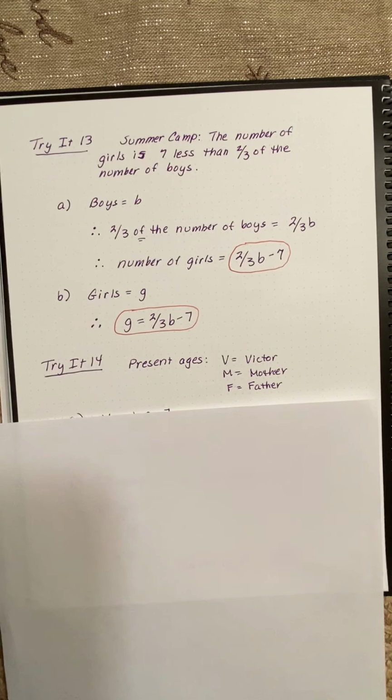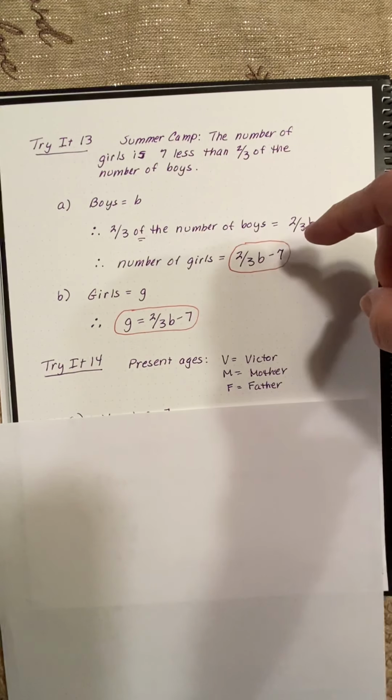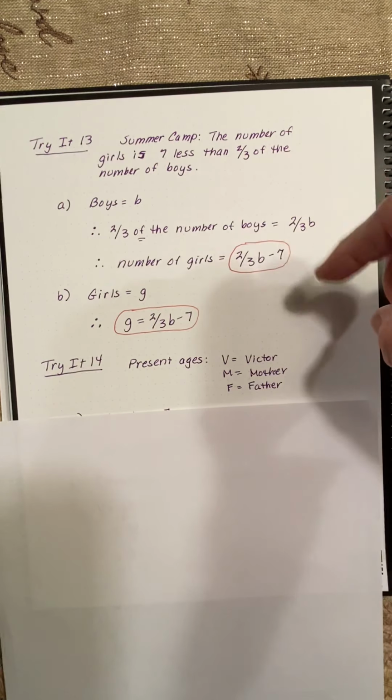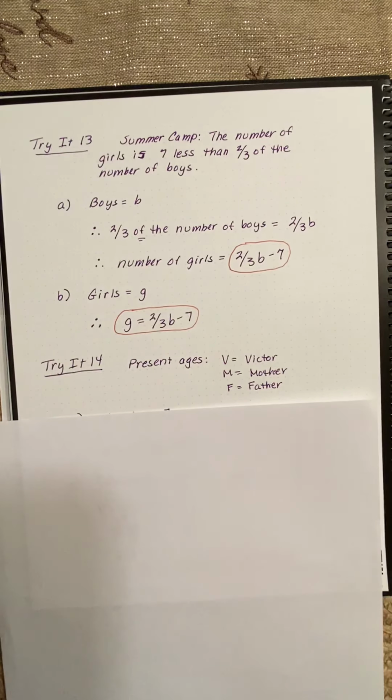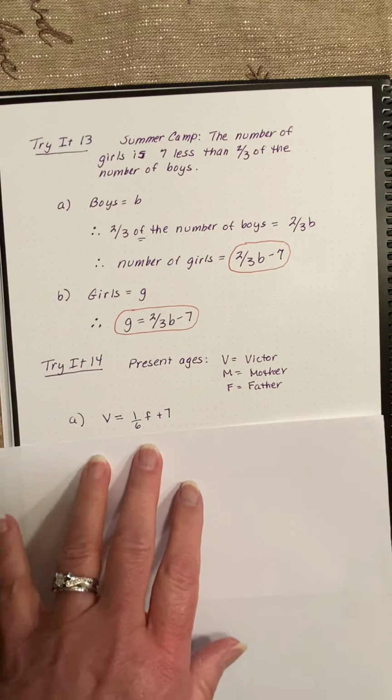So now it goes right to the direction, letter A, express V and M each in terms of F. So we're going to do this twice, once for V and once for M. But we're going to do it with this situation. So first of all, Victor.